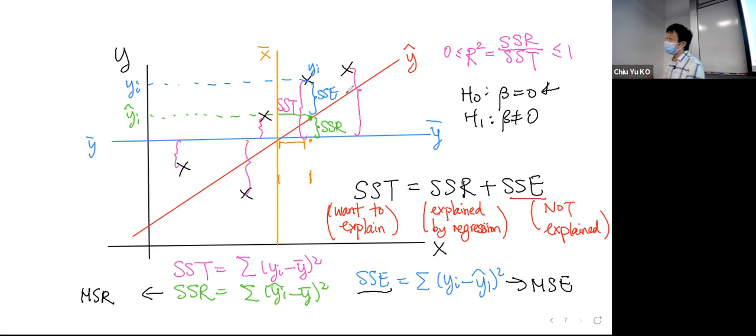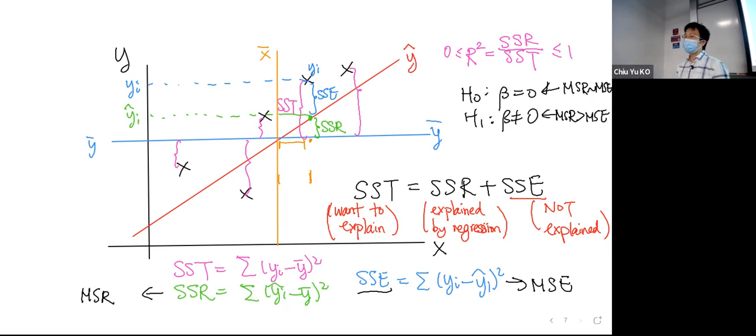This also gives you a measure of sigma square. Both will give you sigma square. If beta is actually 0, MSR shouldn't be bigger than MSE. Under this case, MSR should be similar to MSE. If this is not the case, MSR will be greater than MSE.